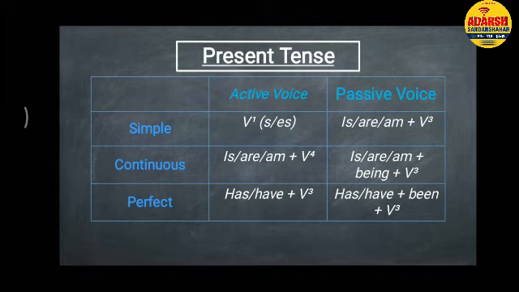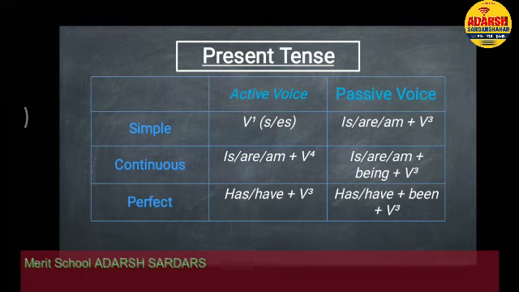As we know that present tense is divided into four parts: simple, continuous, perfect and perfect continuous. So perfect continuous is not grammatically correct when converted into passive. So in passive voice we will read only three tenses in present.